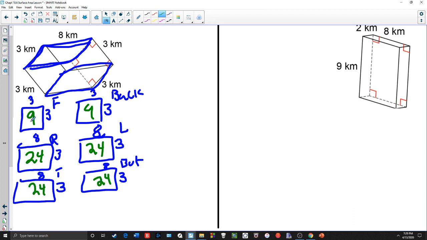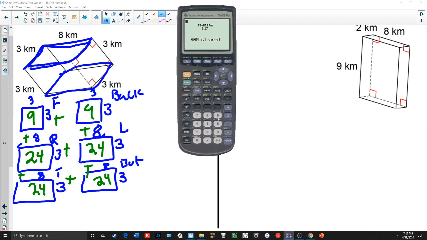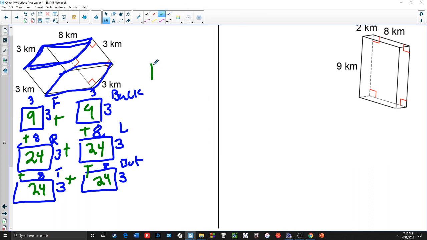So I found the area of the front, the back, the right, the left, the top, and the bottom, all one by one. And now you just add them all together. So we're going to do 9 plus 9 plus 24 plus 24 plus 24 plus 24, and we get a total surface area of 114.